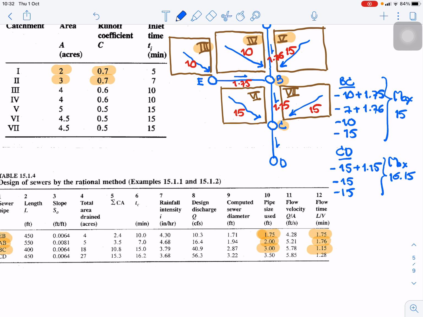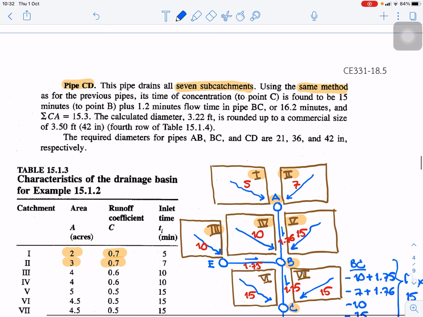That is the maximum time of concentration, so we choose Tc as 16.2. The summation of CA put together is 15.3, and the diameter of the pipe is 3.2, rounded up to 3.5, and put in the fourth row of the table.